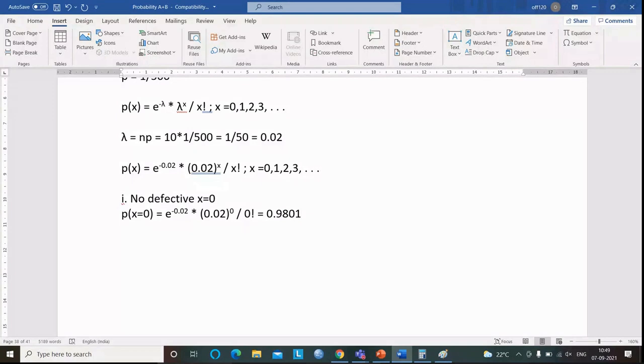But we want the number of packets containing 0 defective lenses, which is equal to capital N into P of 0. That is equal to 20,000 into what is P of 0? 0.9801.